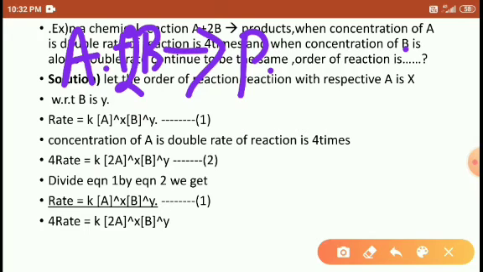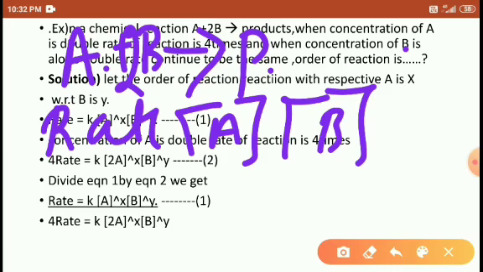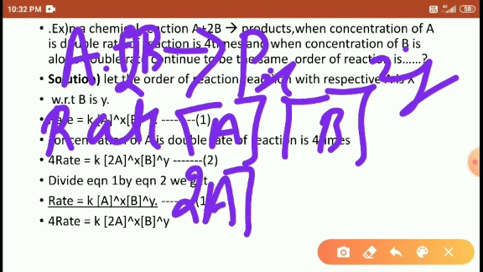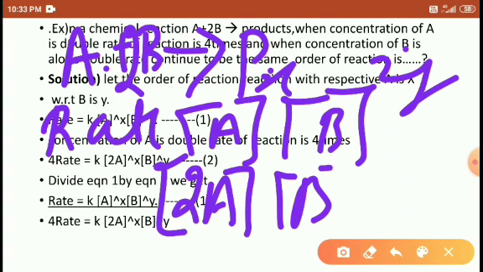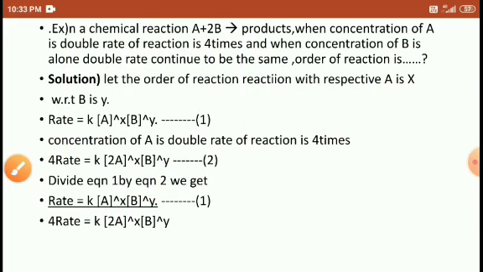The rate is equal to concentration of A and concentration of B, x, y. When you increase the concentration of A, when A is doubled, then B remains constant here, at a time, then rate becomes 4 times. It is 4 times. Right.